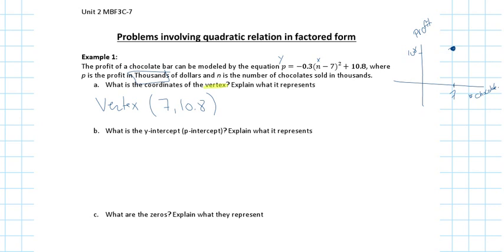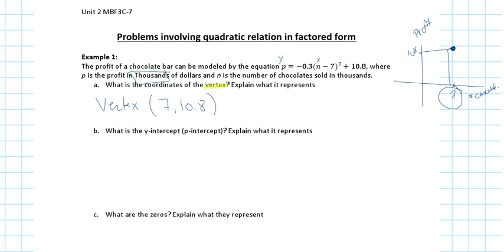And when do I reach the maximum profit? 7,000 chocolate bars. Right? Because look here. The profit is in thousands. The number of chocolates sold is in thousands. Okay? So that means I have to sell 7,000 chocolate bars to reach a maximum profit of $10,800.